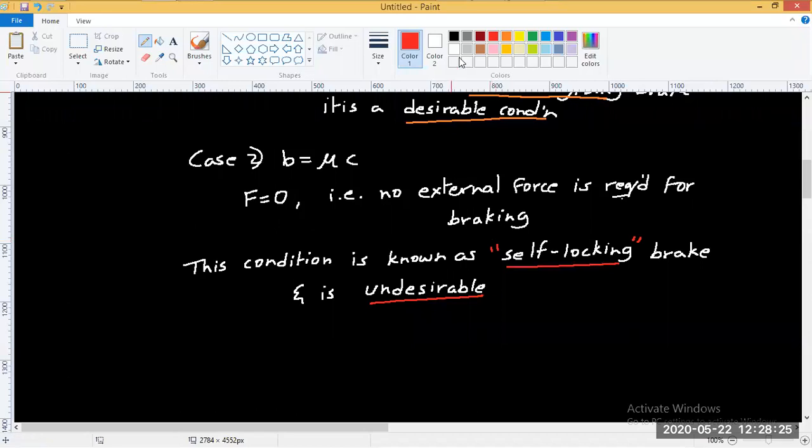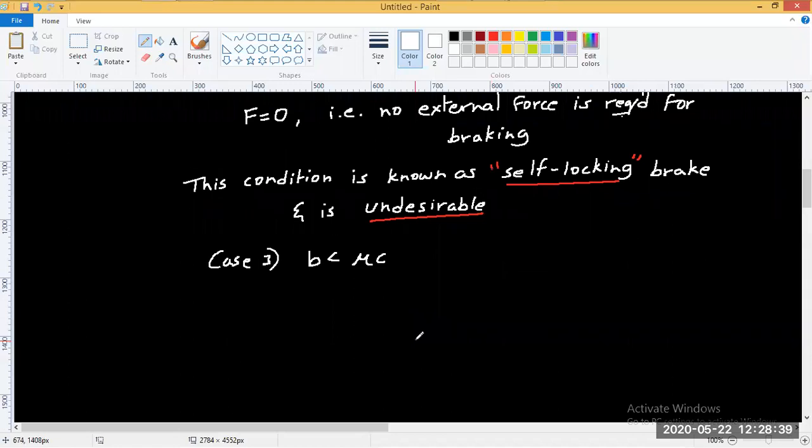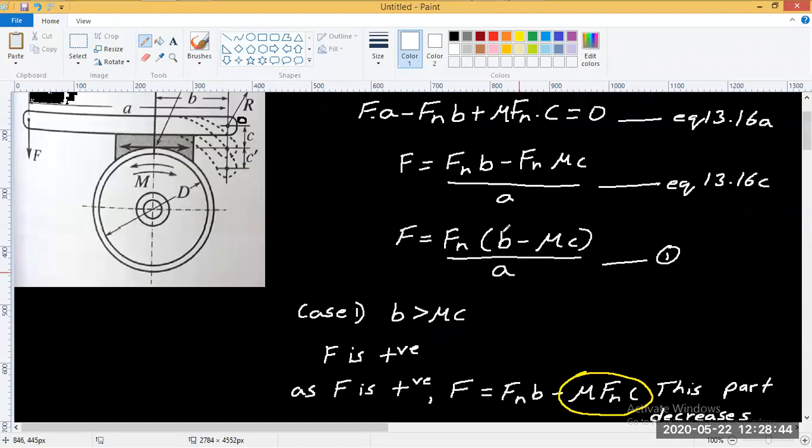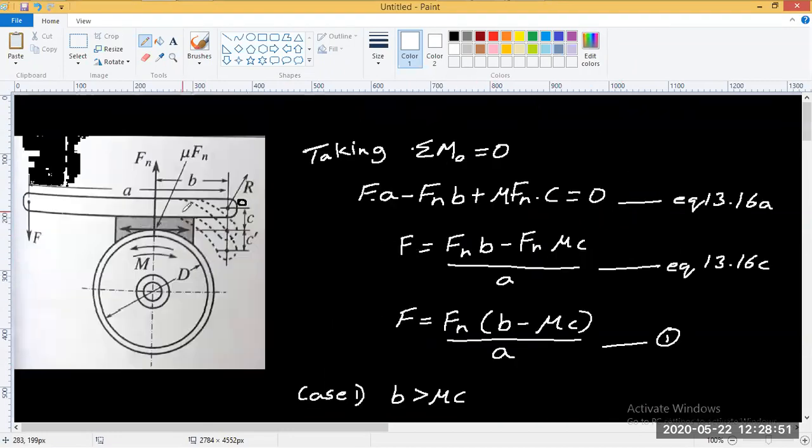The last case is case 3. Case 3 is when B is lesser than this value, mu times C. Check out this. In this case, what happens? This will be negative. The entire right hand side of equation 1 will be negative, and that means you don't require any force, and in fact it is already grabbing hold of the entire sheave.